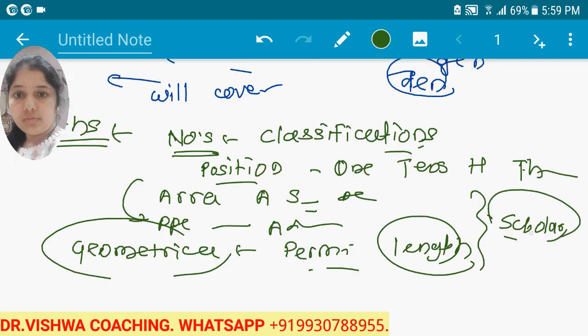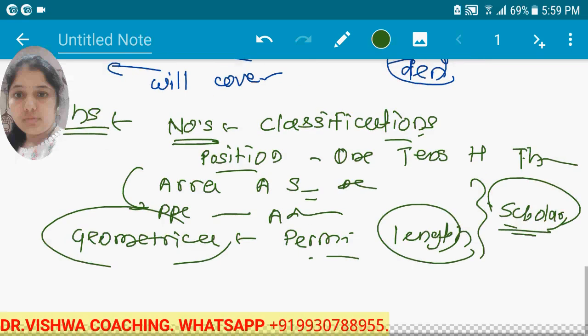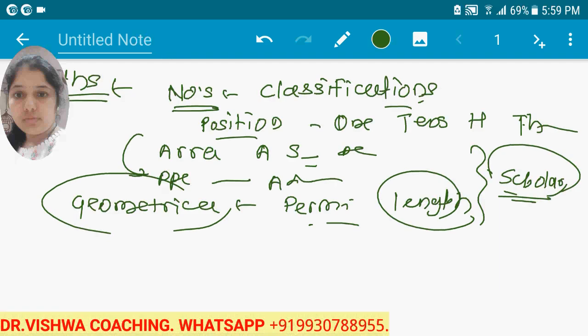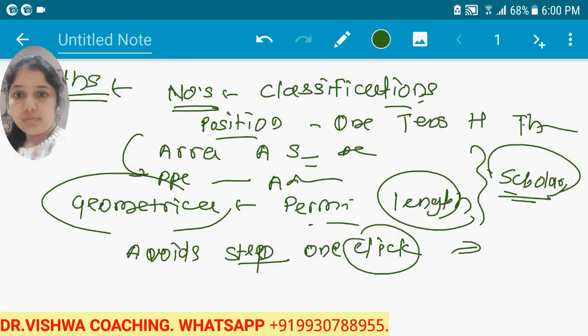Again I will say, whatever is in their 4th standard syllabus, a little bit more, and to solve these problems, how we can solve them quickly, how we can avoid the lengthy steps, and just in one click how we can solve the addition, how we can do the subtraction. These are all the things we have to learn here in the class.